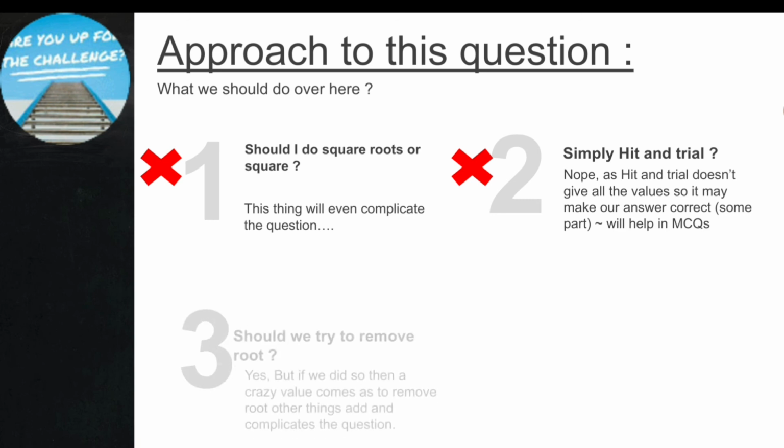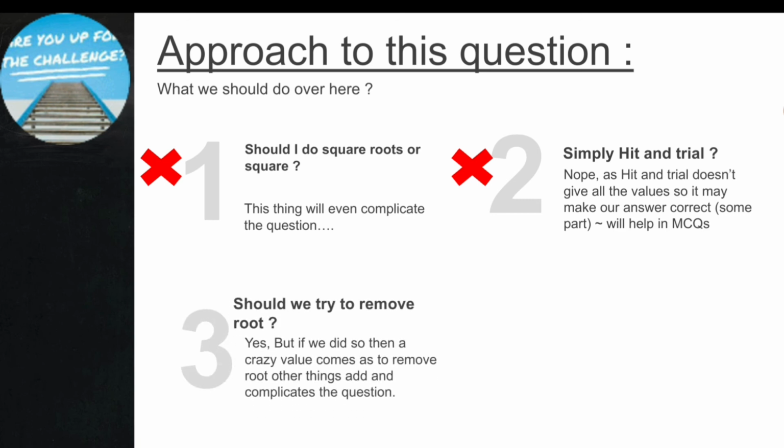The third thing we can think of is whether we should try to remove the root in 2 root 6. Yes, we can think of it, but if we remove it, crazy values will come, and again it will be very painful to calculate, so this is also cancelled.